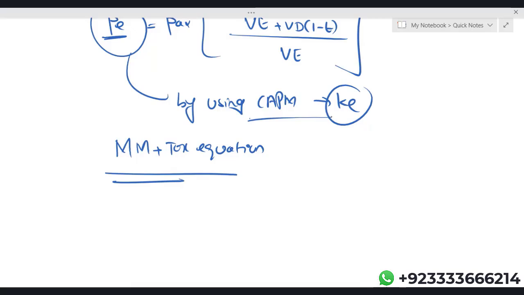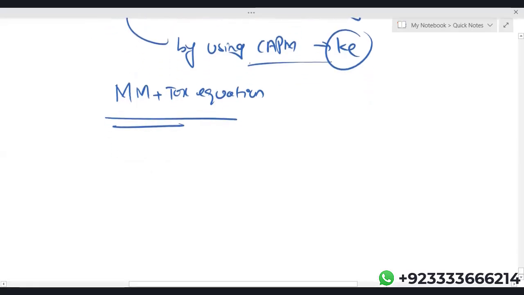Okay, now please. The plus tax equation, you will get this in the formula sheet also. Actually, when financial risk changes, then we logically talk about APV. That is why I'm not discussing it here.